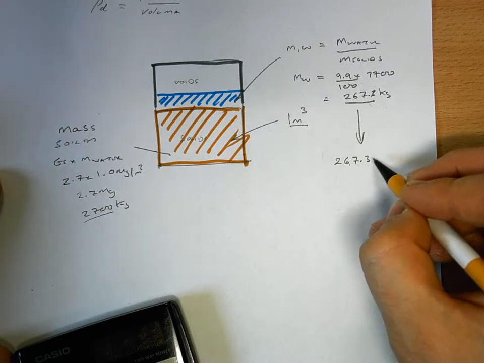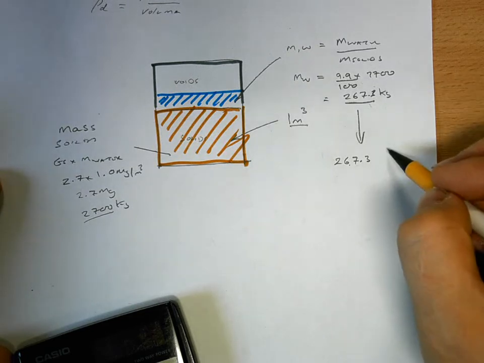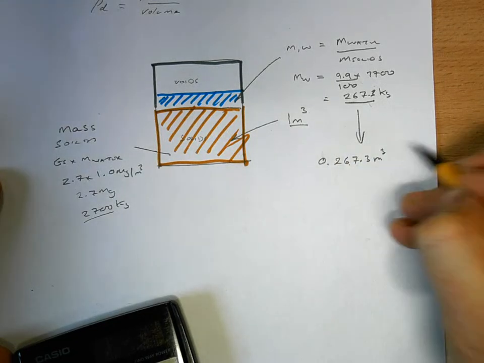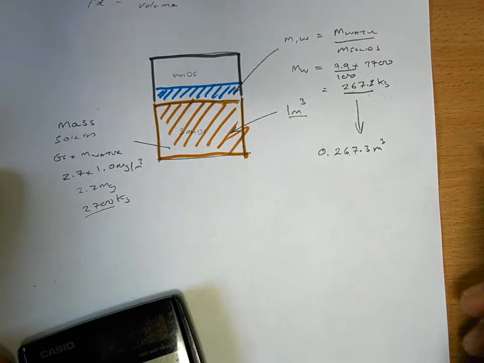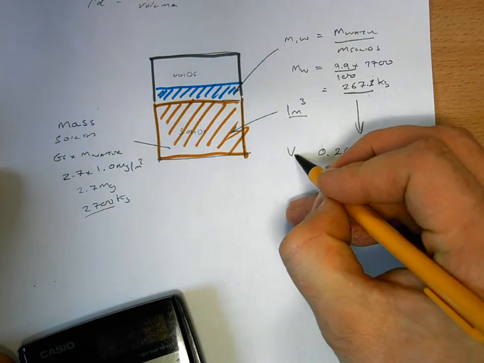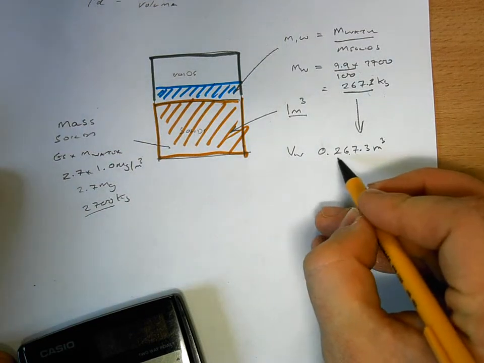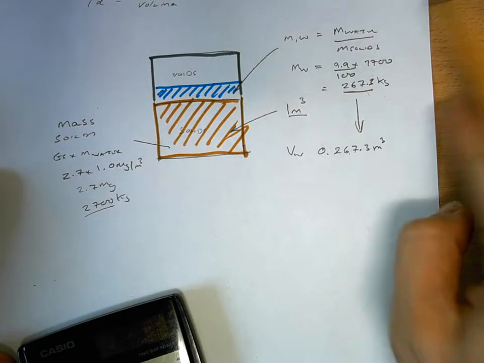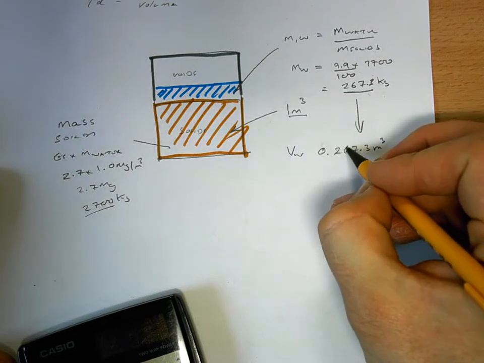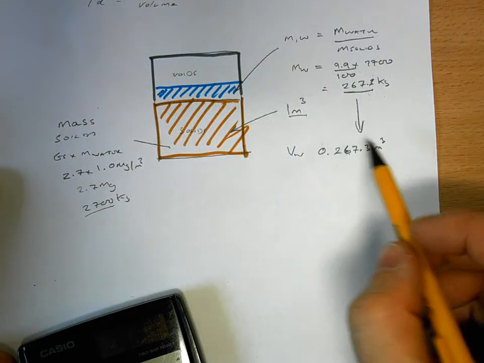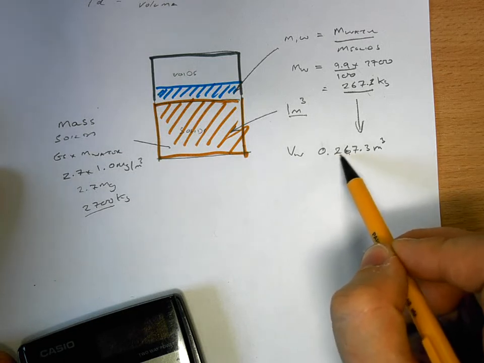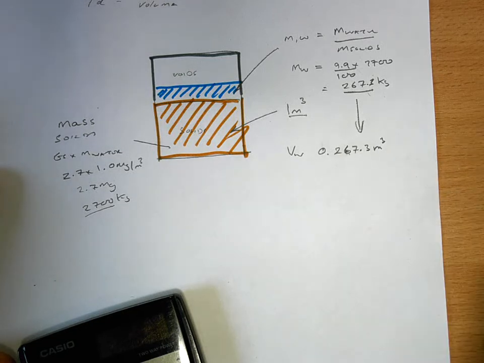Converting that to volume would be 0.267 cubic meters. Okay, 267 liters. So that's the volume of water. 0.26 cubic meters. So in the voids we've got water up to 0.26 cubic meters.